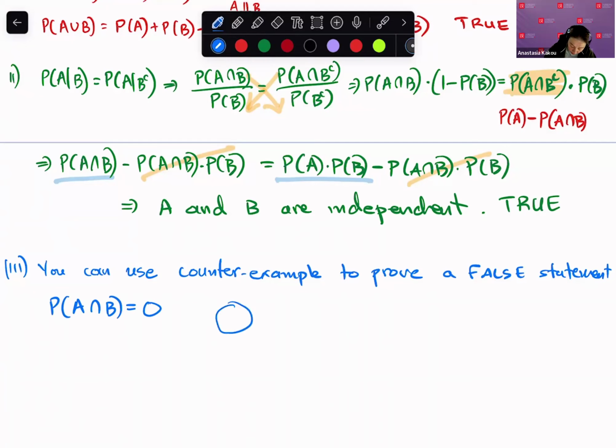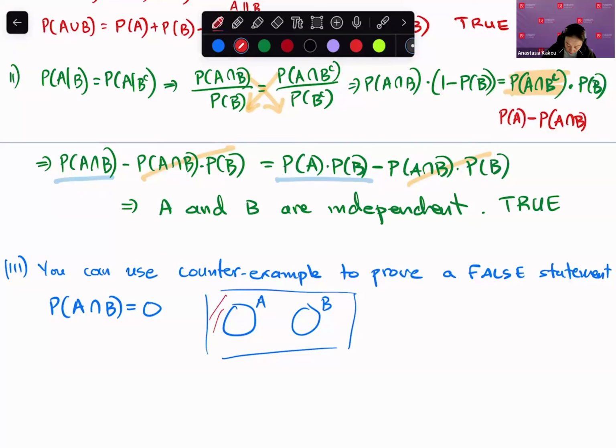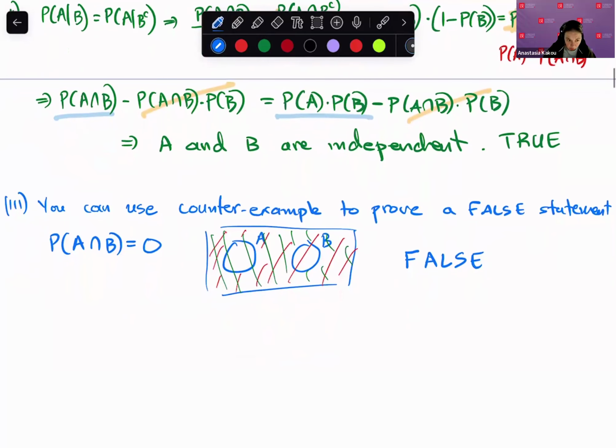On a Venn diagram, that shows us A and B. It's easy to see that if you have A and B disjoint, then the complement of A will be all this, and the complement of B will be all this. So you get the sense that the statement is false. However, the Venn diagram is not enough to prove it. You can use a counterexample.